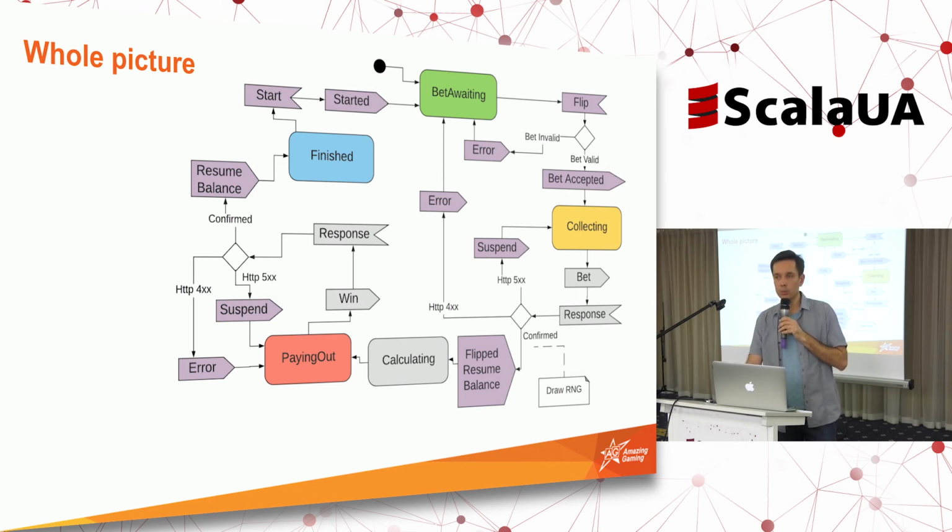The HTTP protocol provides us quite clear guarantees that in case of a 400 error, you can expect that your request was rejected and you don't have side effects on the processing system. And you can safely get back to the bets awaiting. You have guarantees that nothing was withdrawn from the player's balance.